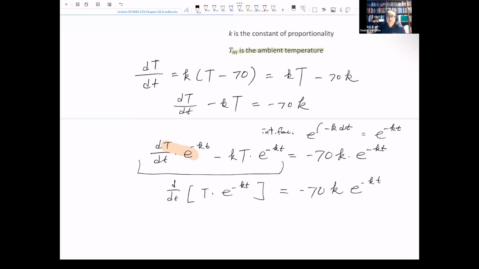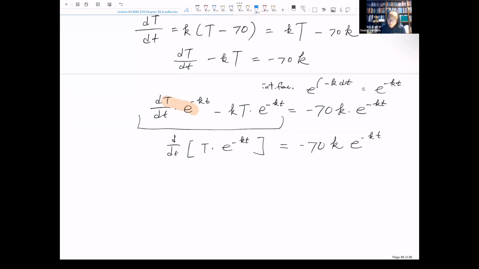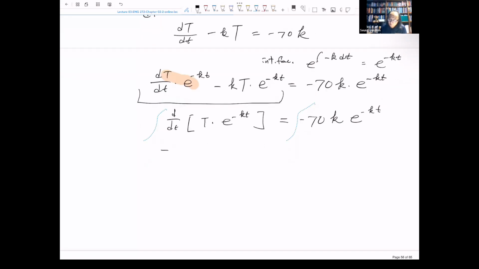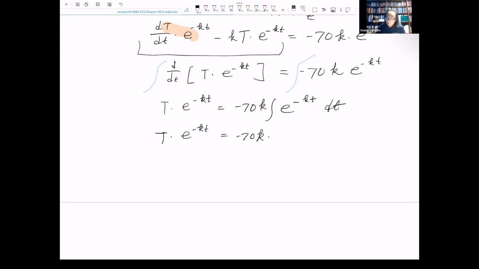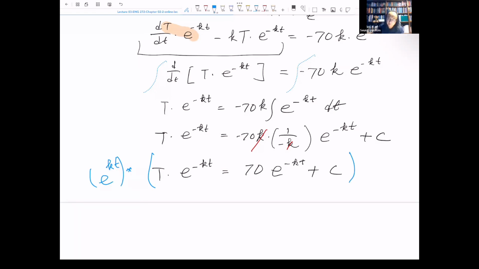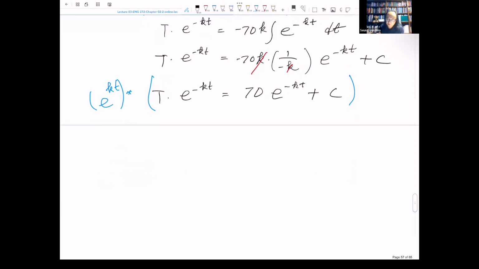We good? Okay. Now we need to take the integral. We have T times e to the negative kt equals negative 70k integral of e to the negative kt dt. Take the integral of that: 1 over negative k e to the negative kt plus c. And k cancels out, negatives cancel out, 70 e to the negative kt plus c. We multiply e to the kt for the equation.